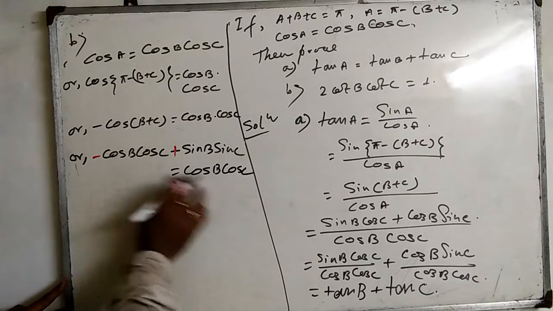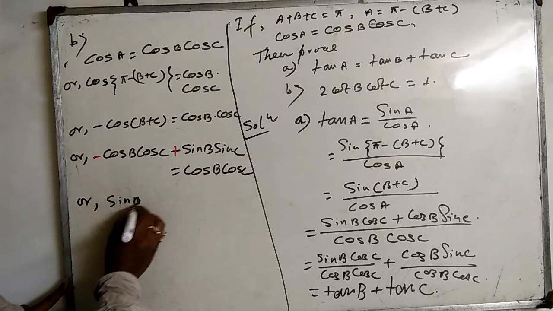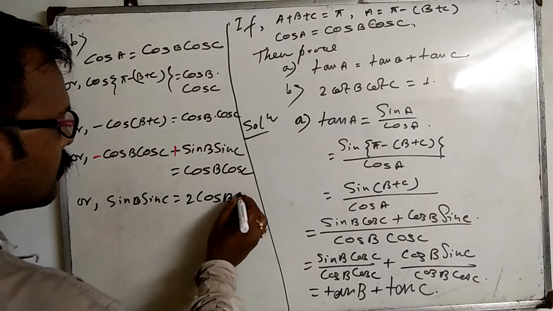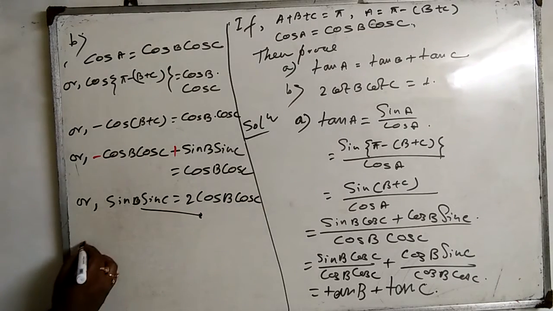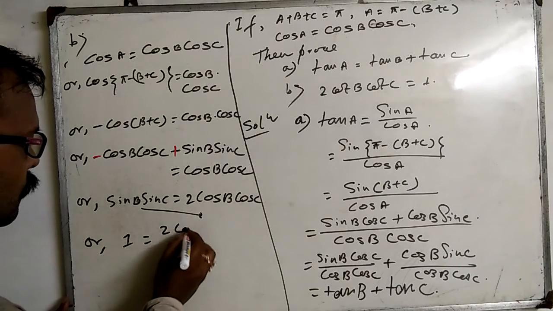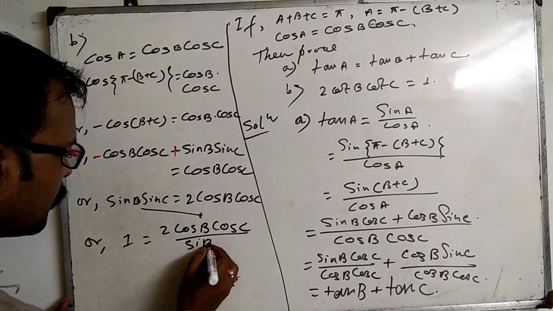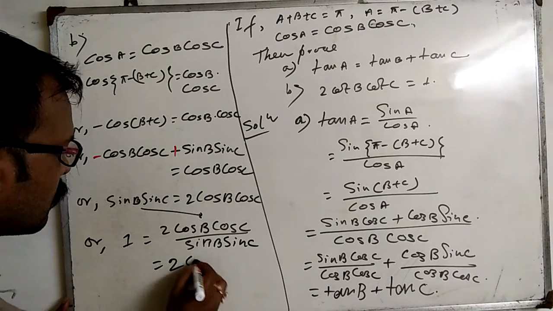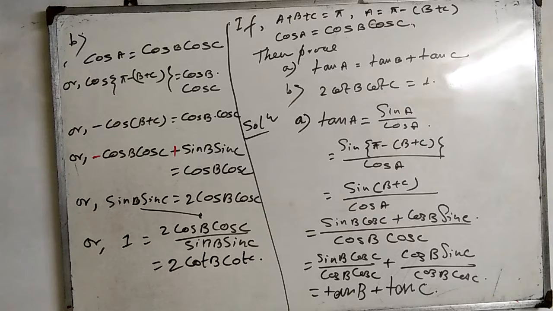That cos b cos c goes to that position, so we can write sin b sin c equals 2 cos b cos c. We just divide by sin b sin c, then we get 1 equals 2 cos b cos c by sin b sin c. So this is equal to cot b cot c. So very simple.